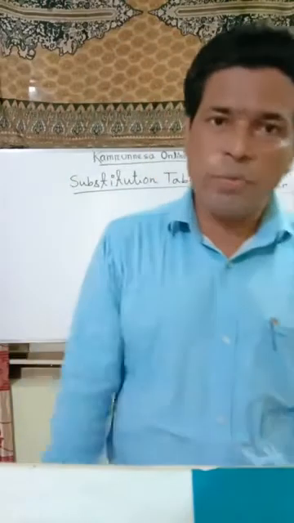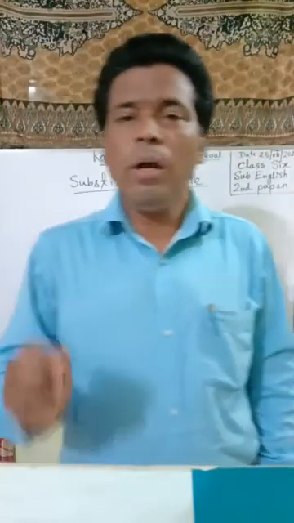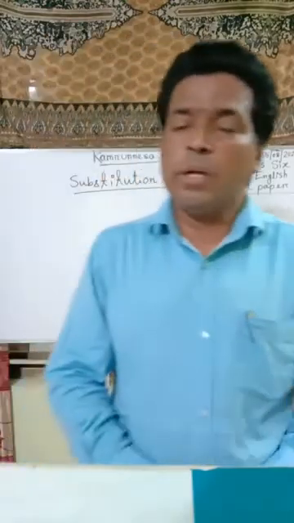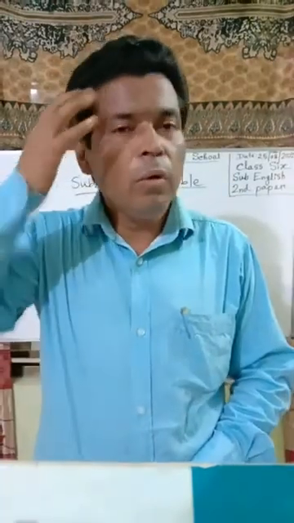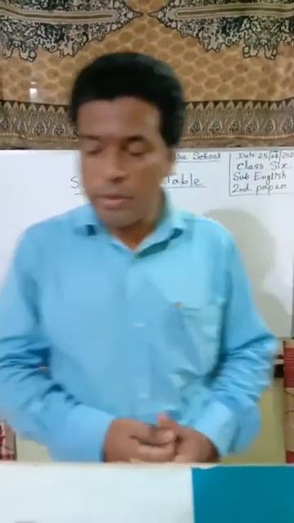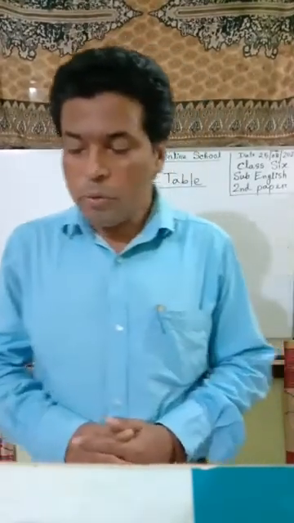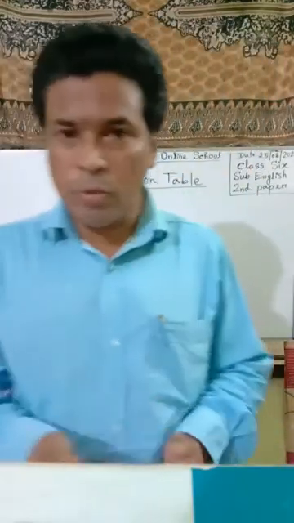Total marks for this item, substitution table, is 4, and 1 mark is allotted for each correct sentence. Now we will start our discussion on how you will solve this table in correct order.